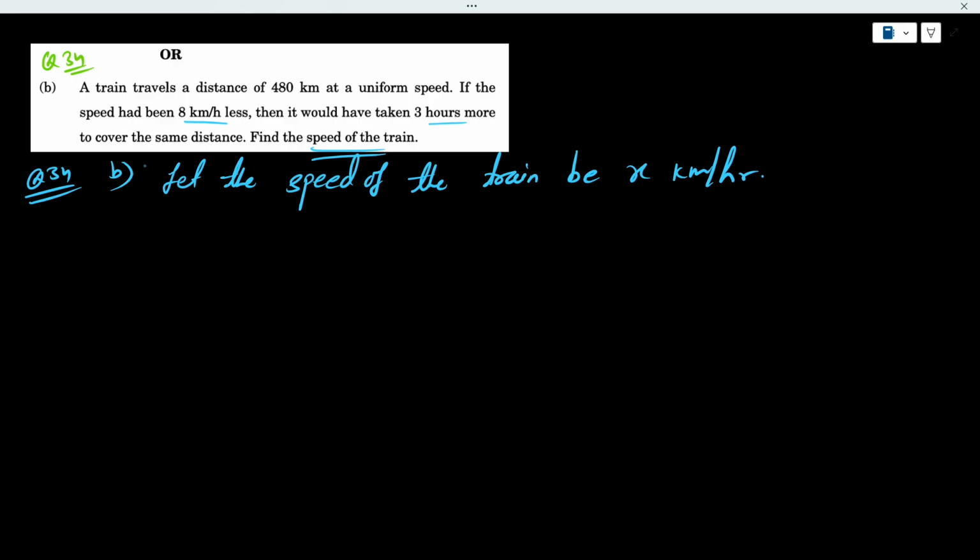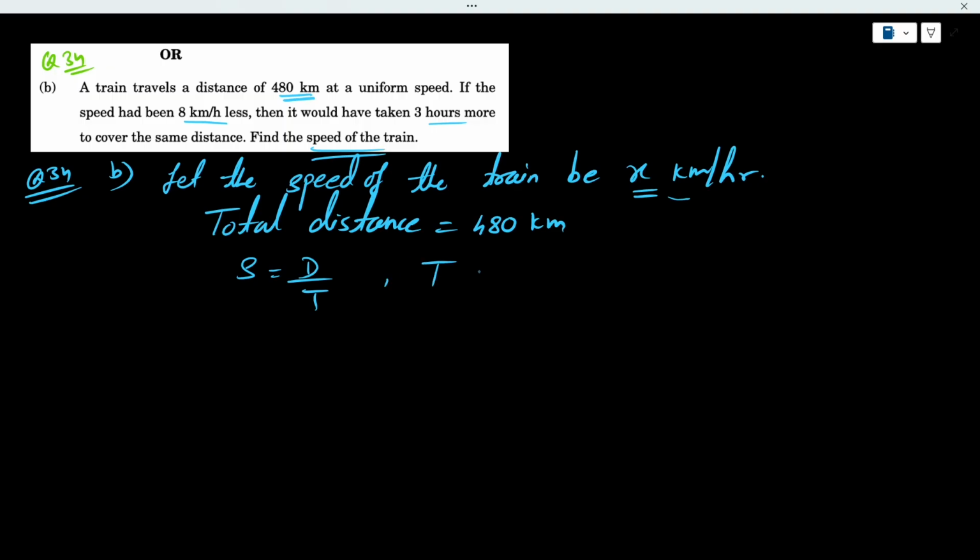So total distance to be covered is equal to 480 kilometer. Now you need to remember here, speed is equal to distance by time. But here you have the distance and you have the speed, so you will frame the equation as distance by speed, because the total time difference is given, right? 3 hours. It's a comparison.